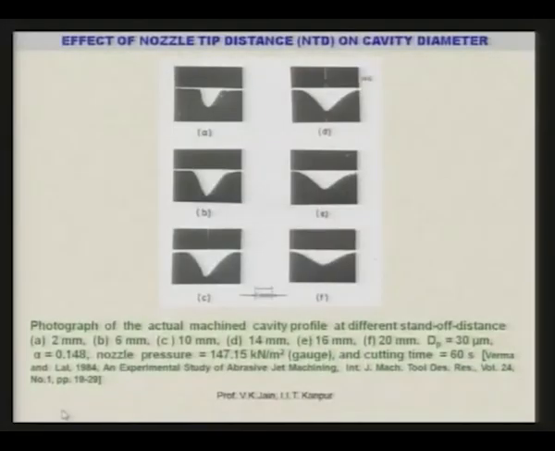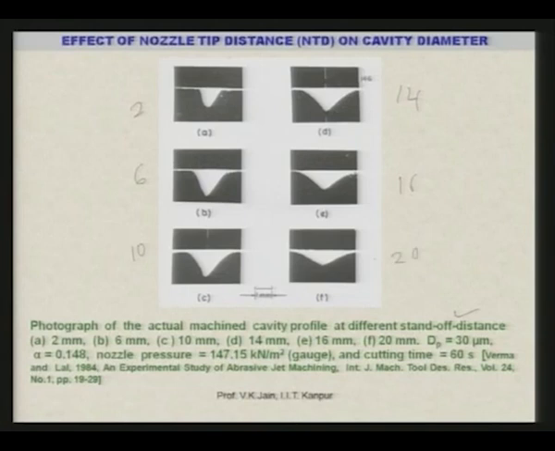Now, these are the actual photographs taken from the paper by Burma and Lal, published in the year 1984. You can see here A, B, C, D, E, F, all these are the cross sections of the workpiece machined at different nozzle tip distances or stand off distances. As you can see, A is at 2 millimeter, B is at 6 millimeter, C is at 10 millimeter, D for 14 millimeter, E for 16 millimeter, and F for 20 millimeter.